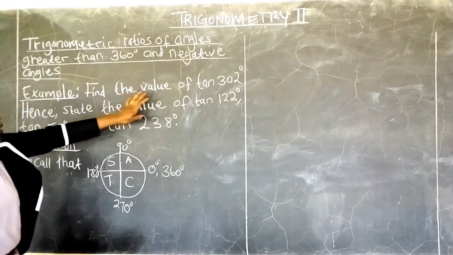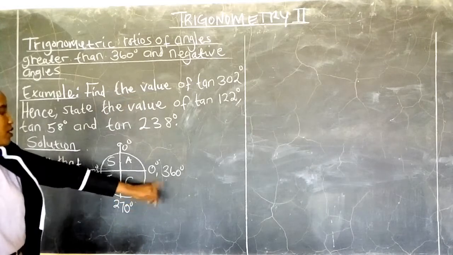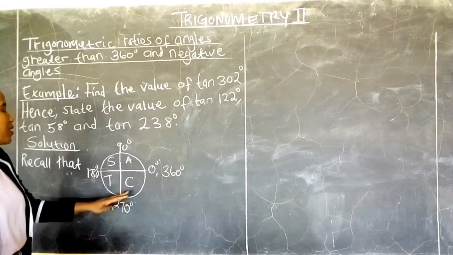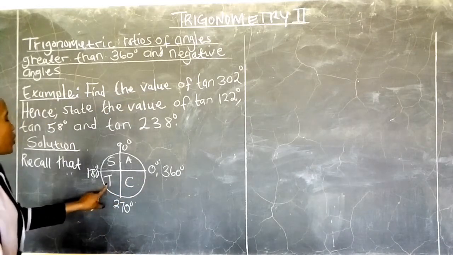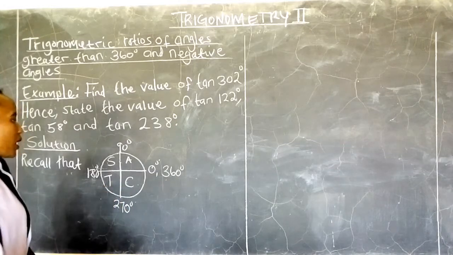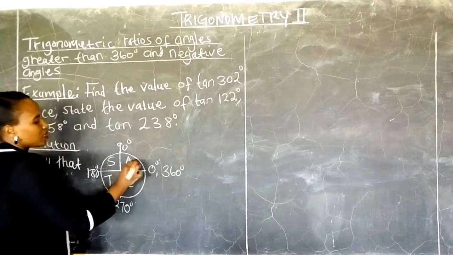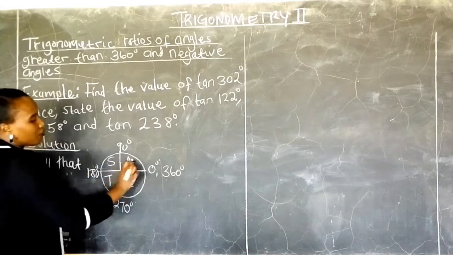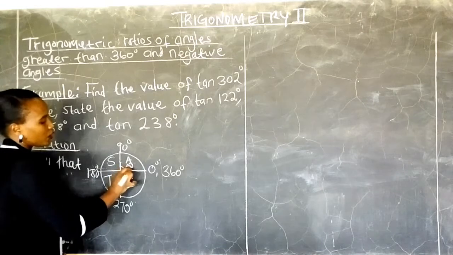Because now we know that our angle is between 270 and 360 degrees, that means the answer that we're going to find will be negative. Something else that you need to remember: if this is an acute angle, you can call it theta.